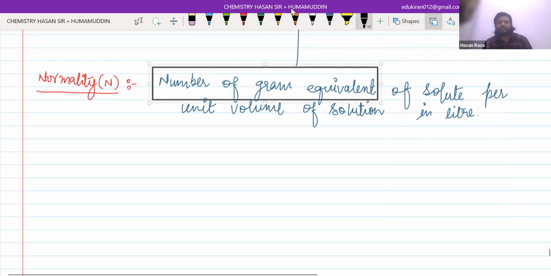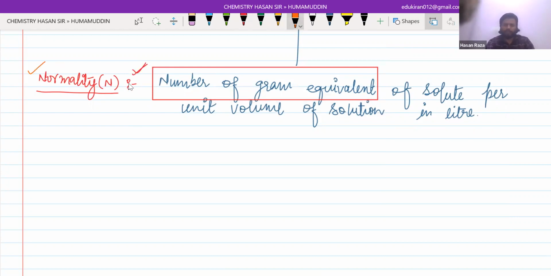As you can see, in molarity, there was the volume of solution term in the denominator, and in the numerator, there was number of moles of solute. But here, you can see it is number of gram equivalent. Before starting this normality term, I'm just going to write the formula first, and then I'll explain.